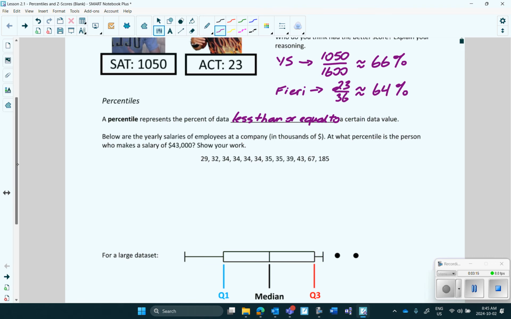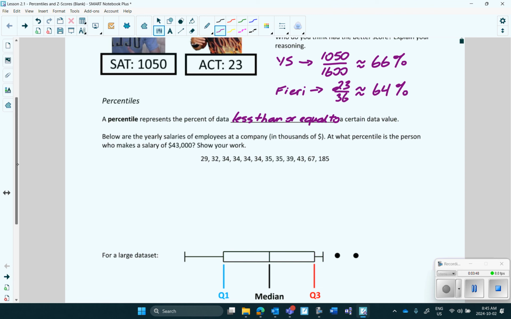Before we go back to the SAT and ACT, we've seen this example before when we were talking about measures of center and measures of variability, about 12 yearly salaries of employees at a company. And we want to find what percentile is the person who makes a salary of 43,000. So we need to find where that person's data value is. Where do they rank out of the total?